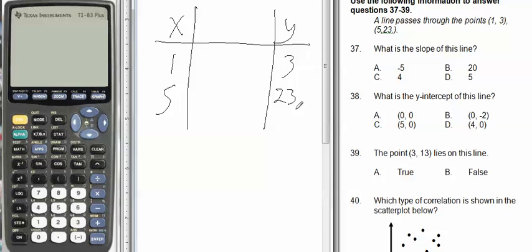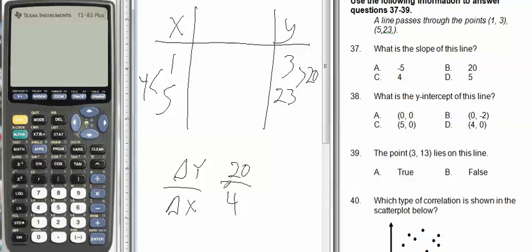So we need a slope. So the slope here is going to be change in y over change in x. So x went up 4 and y went up 20. So change in y is 20, change in x is 4, 20 divided by 4 is 5.